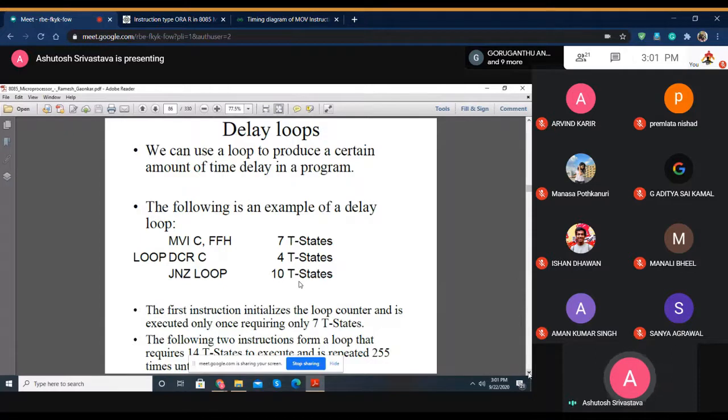Value FF in hexadecimal form to your register C. So this will introduce a delay of around 7 states. This means this instruction, MVI.